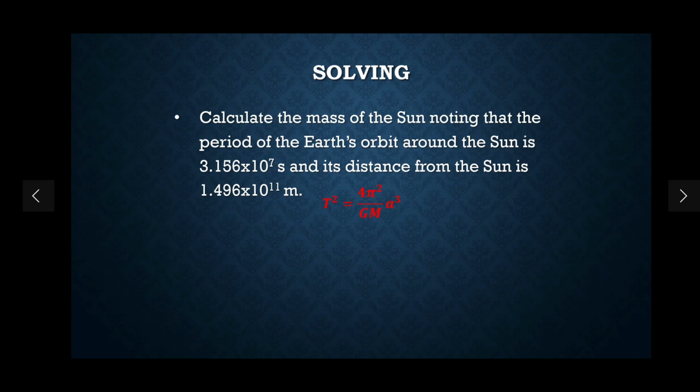We need to find the mass of the Sun, noting that the period of the Earth's orbit around the Sun is 3.156 times 10 to the 7 seconds, and the distance is 1.496 times 10 to the 11 meters.